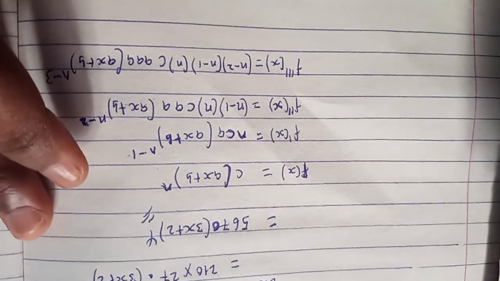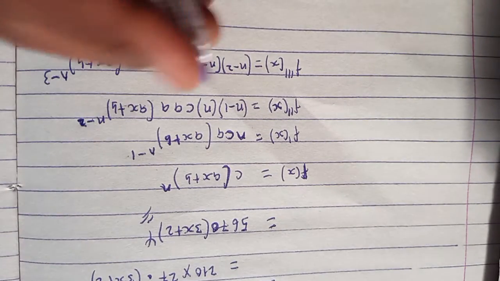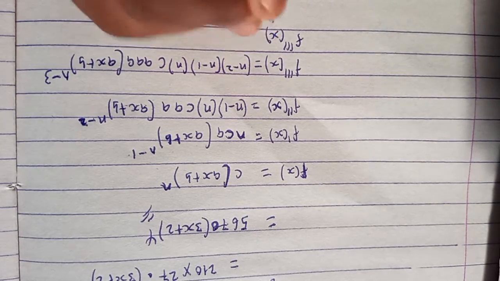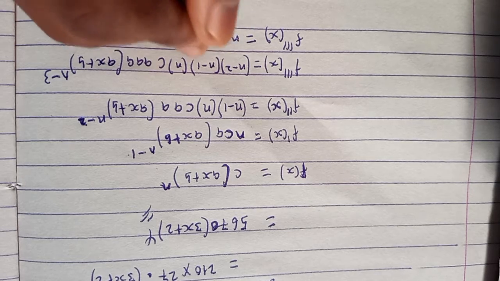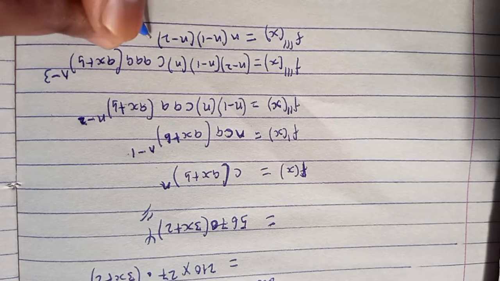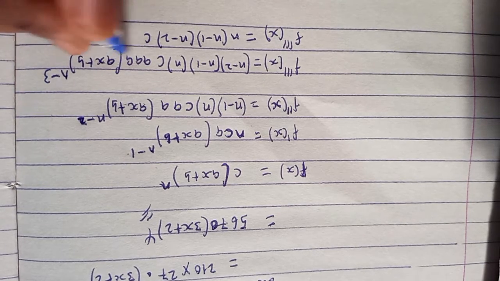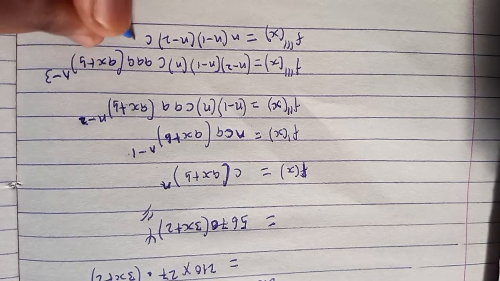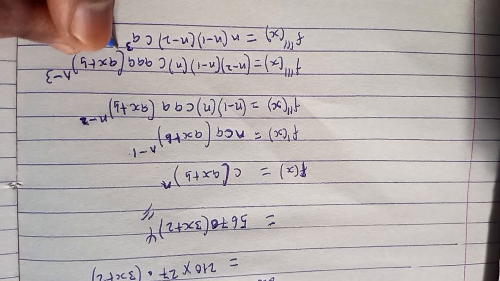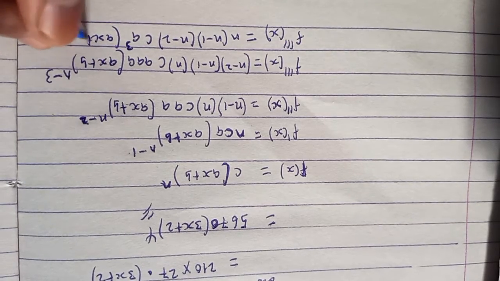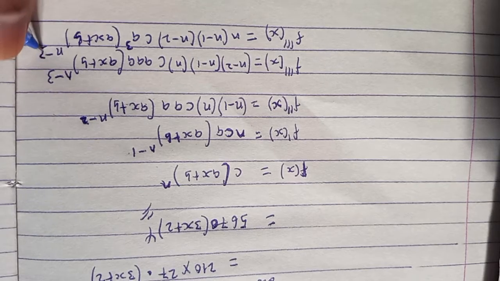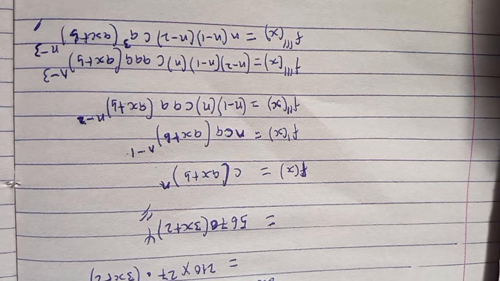Have you seen that? So now, guys, rearranging this, f triple prime of x will be equal to n times n minus 1 times n minus 2 multiplying by c. There are three a's here, so multiplying by a power 3. Then multiplying by ax plus b power n minus 3.